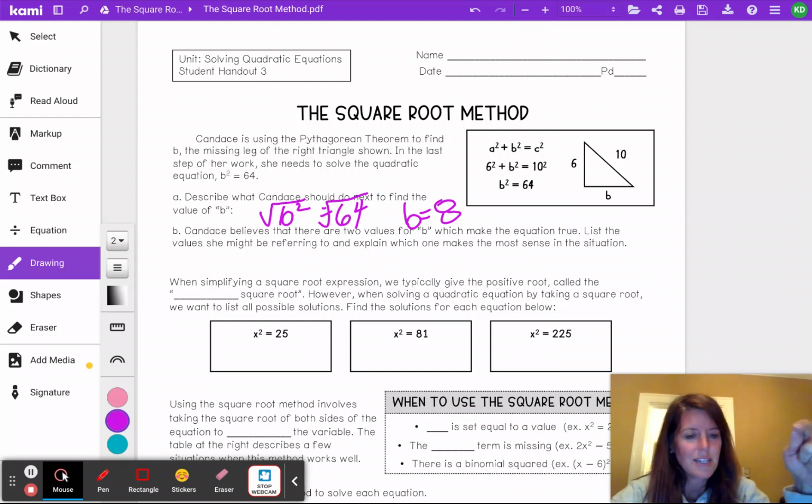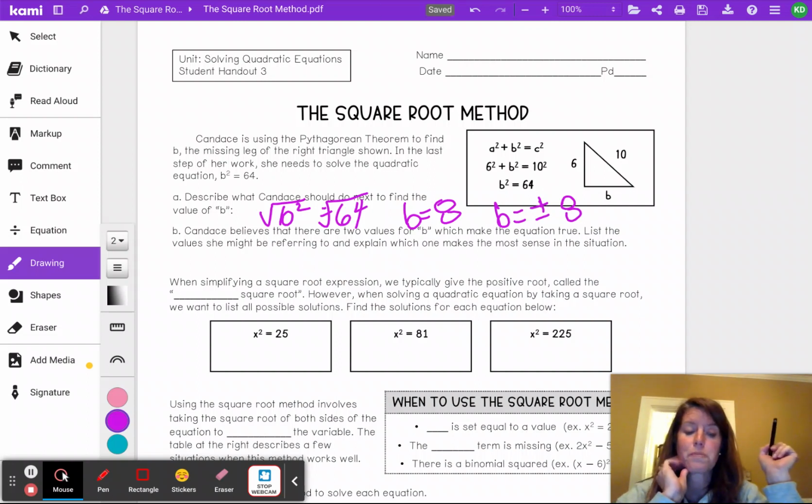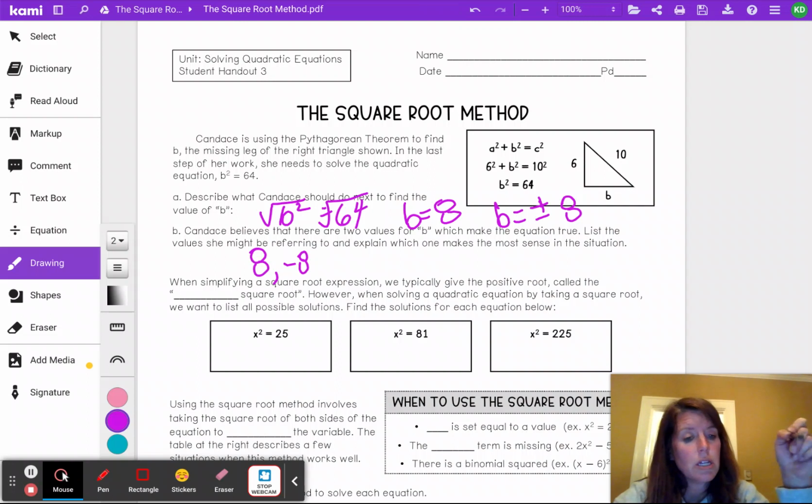And you are correct. So you could have b equals plus or minus 8. Those two values make the equation true. So 8 and -8 are the two values that could be the answer.